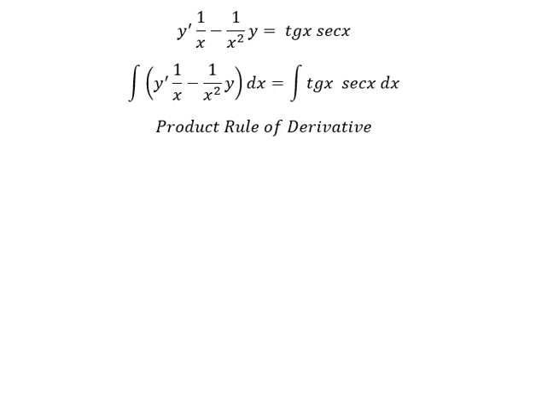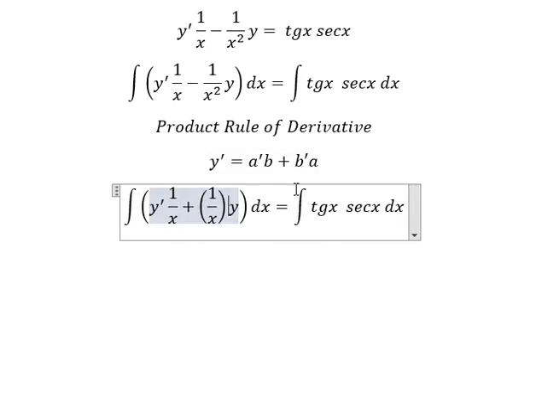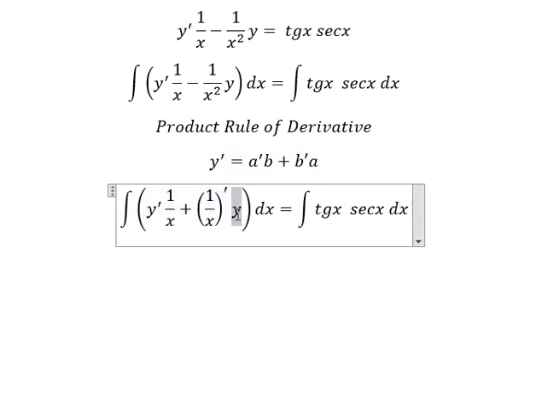So we have first derivative of y equals first derivative of a multiplied by b plus first derivative of b multiplied by a. So we have first derivative of a multiplied by b. This one is the first derivative of b multiplied by a.